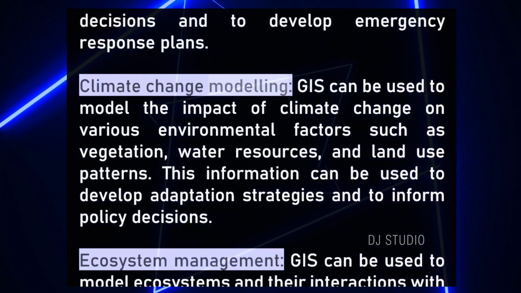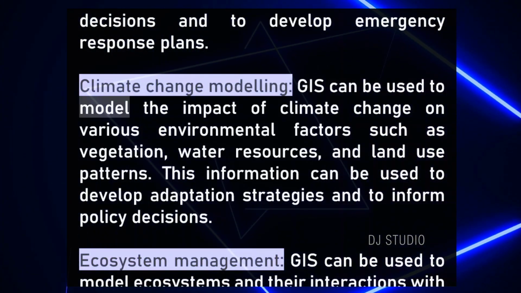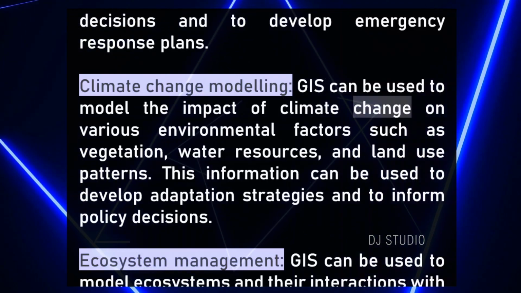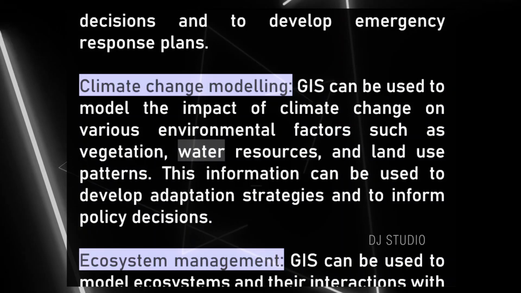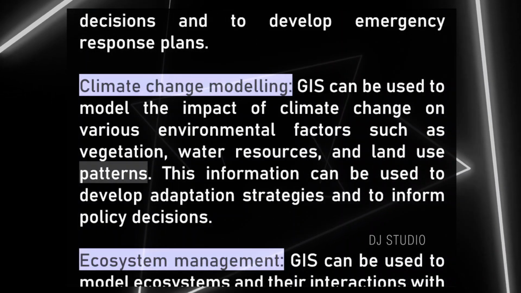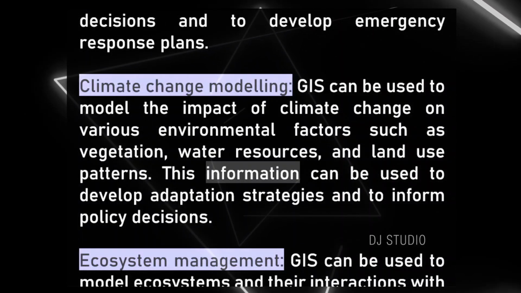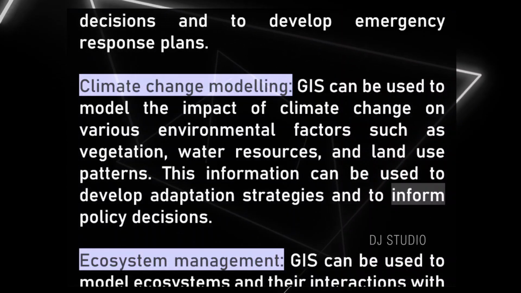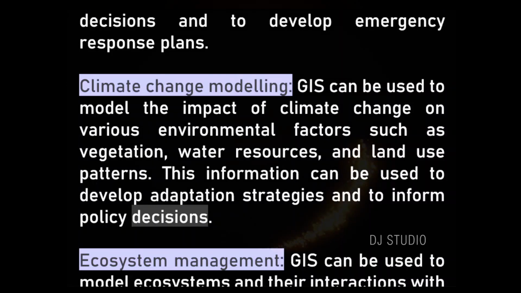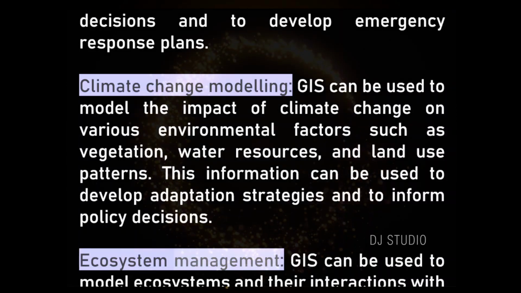Climate change modeling. GIS can be used to model the impact of climate change on various environmental factors such as vegetation, water resources, and land use patterns. This information can be used to develop adaptation strategies and to inform policy decisions. Ecosystem management.